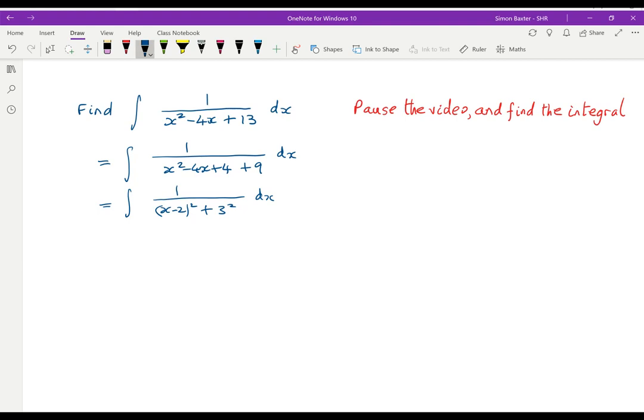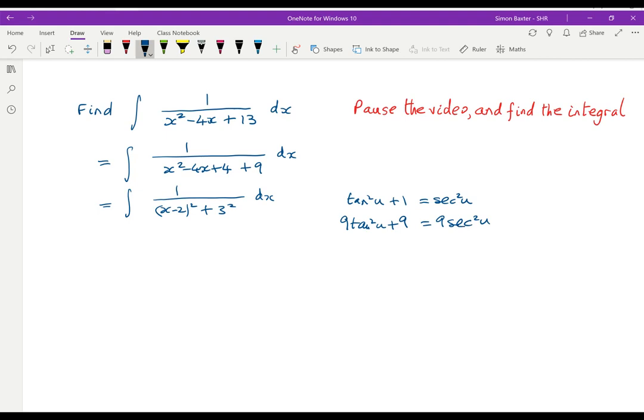And when we don't have a square root sign, it is better to think of tan squared plus 1 equals sec squared. That tells us that in this case, 9 tan squared plus 9 equals 9 sec squared.